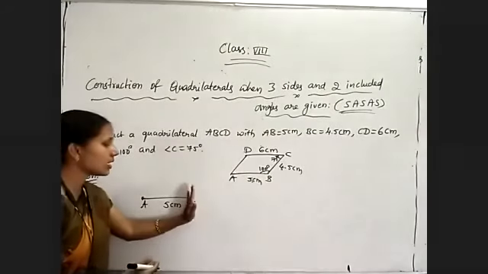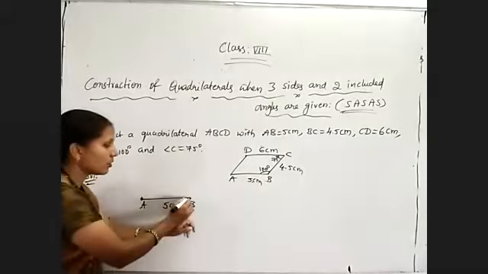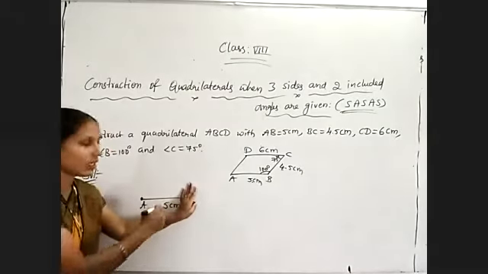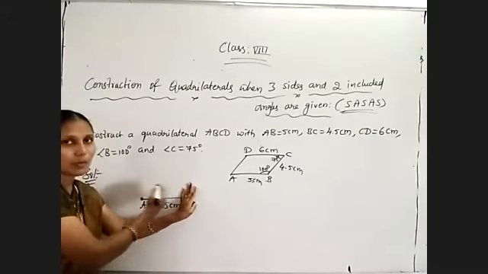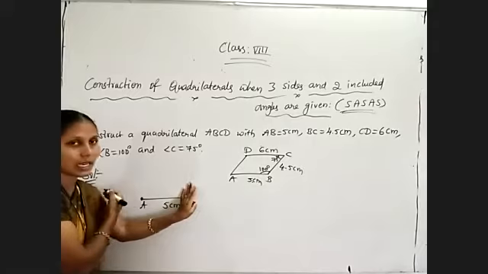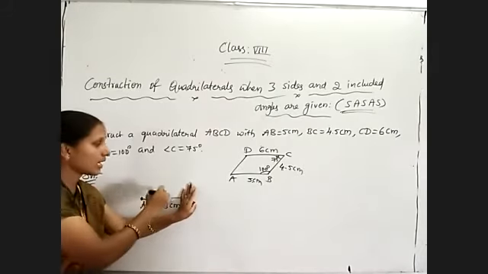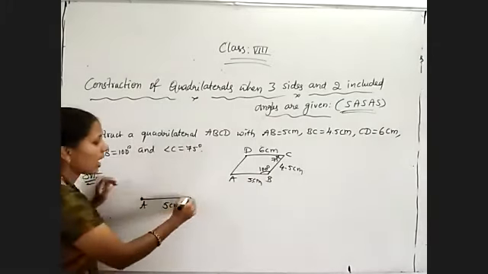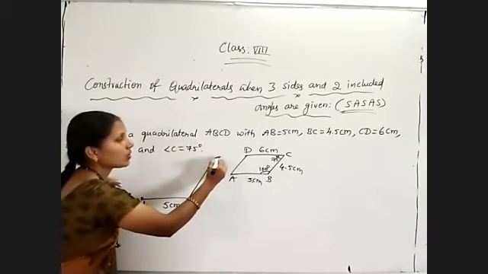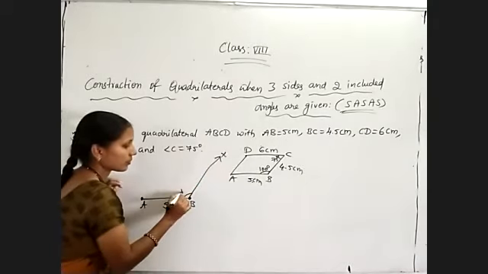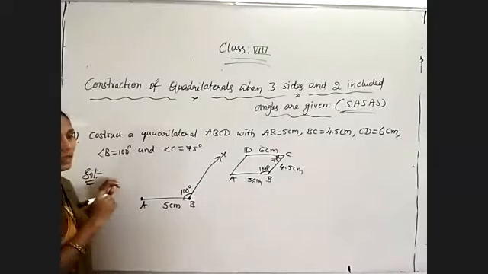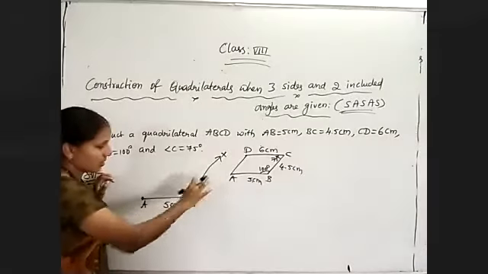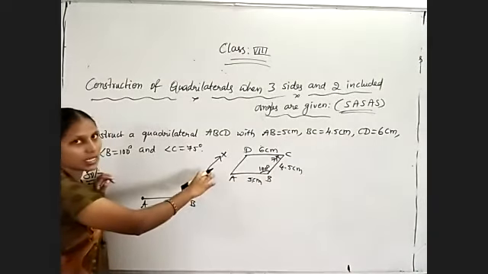So we need to set the protractor at B. For B, the remaining portion, the AB portion, is at the left side, yes or no? So on the left side we will consider the upper value. So upper 100 degrees we need to construct.